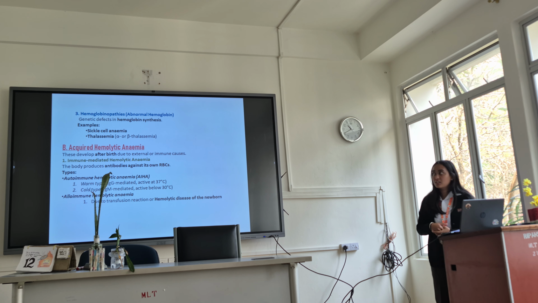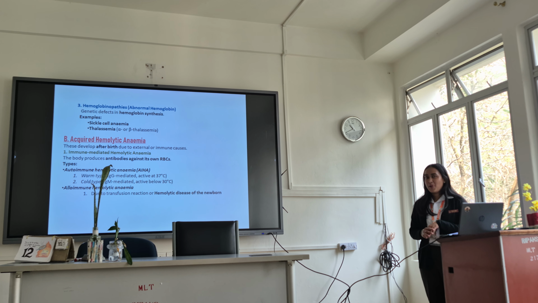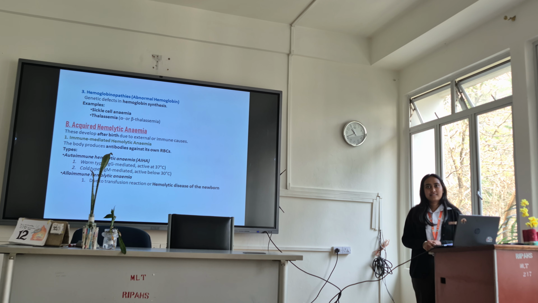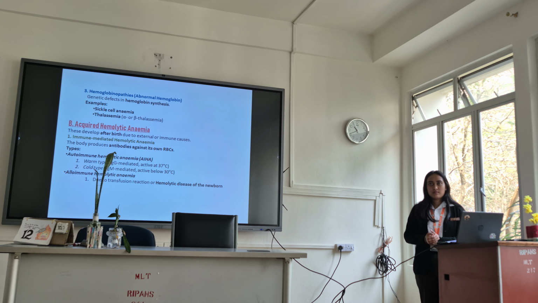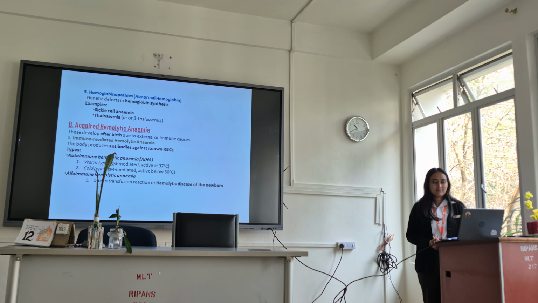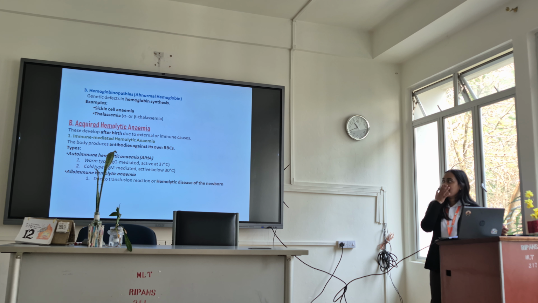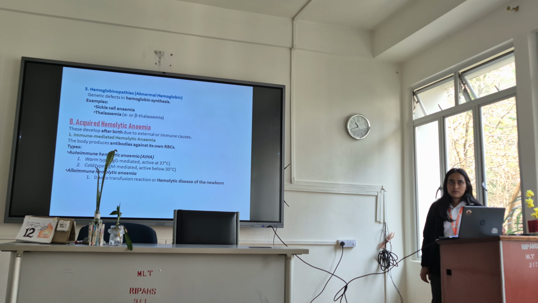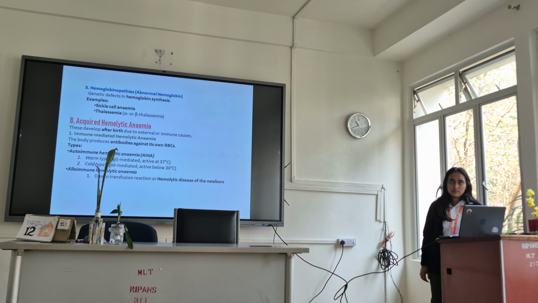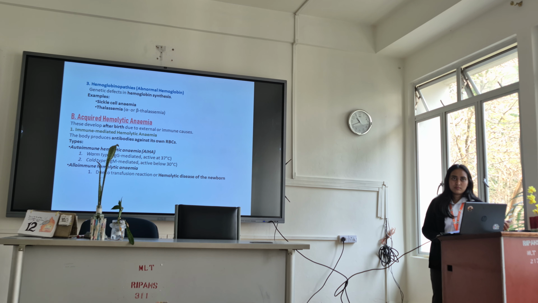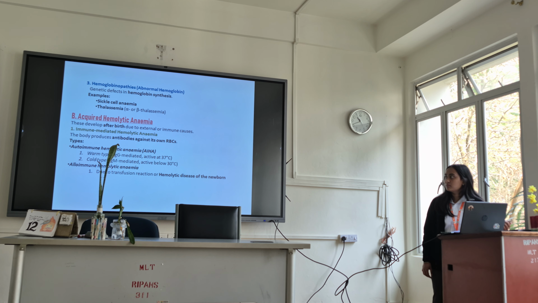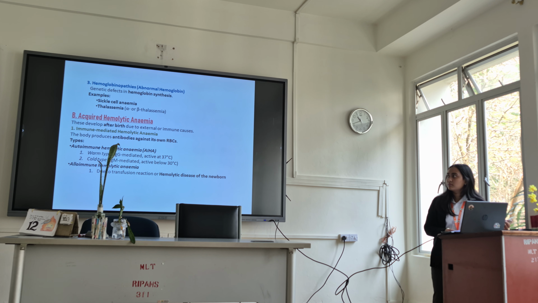If the antibodies come from the same species, for example one human's antibodies attacking another human's cells, that is called alloimmune. Autoimmune means our own antibodies attacking ourselves. My antibody attacking my cell is autoimmune. Allo means same species. In this case, the mother's antibodies attack the developing fetus. That's why it is called alloimmune hemolytic anemia. A classical example is HDN.